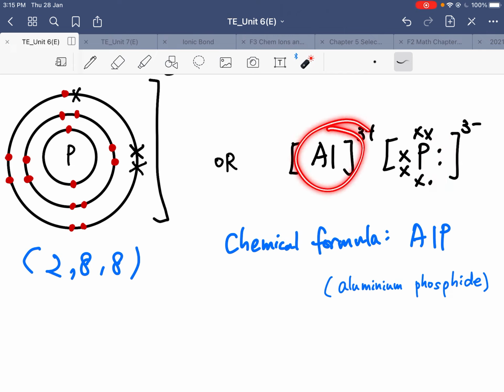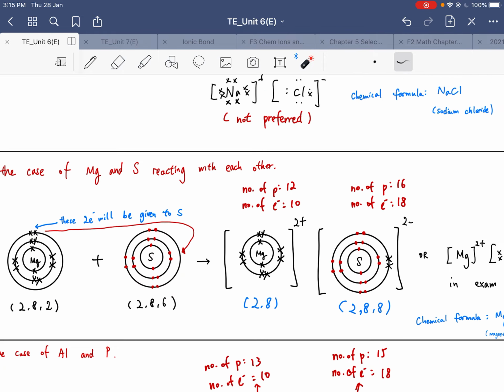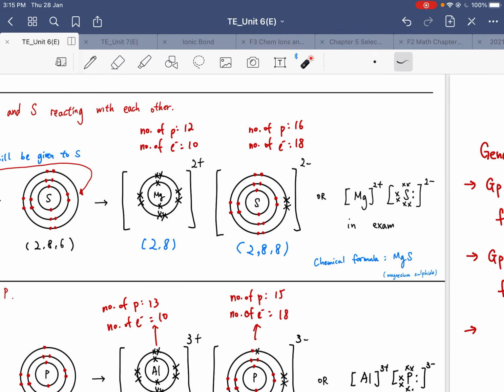But now, aluminium loses 3 electrons to become aluminium ion, and phosphorus gains 3 electrons to become phosphide ion. Both of them are in a win-win situation because both attain octet structure. And because they have charge, they will attract each other, forming a compound, aluminium phosphide. So this is the basics for ionic bond.